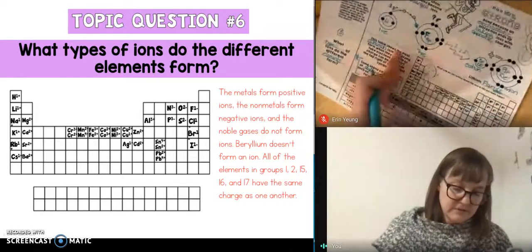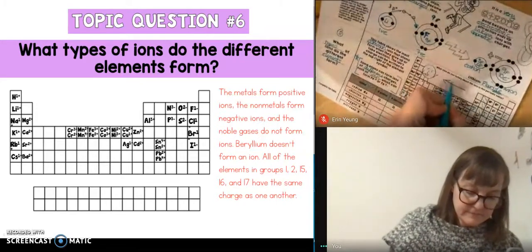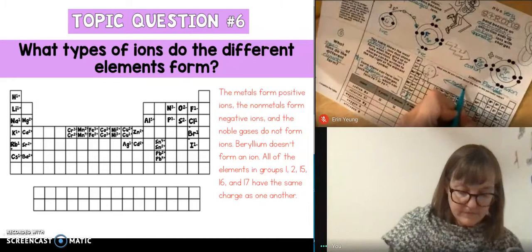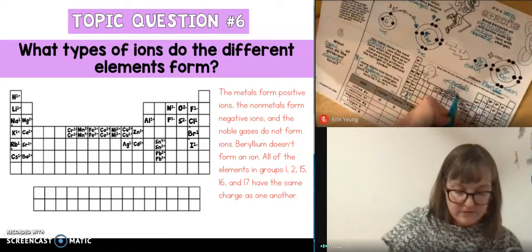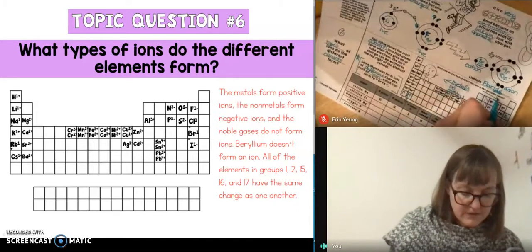Also, metals are positive, or our cations, and our nonmetals are negative, and our anions.